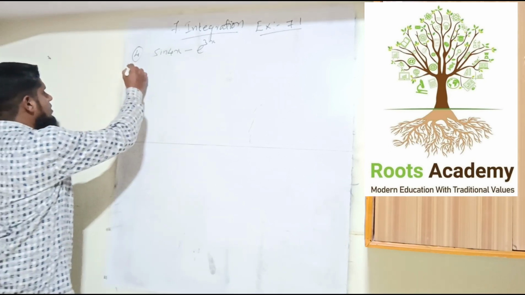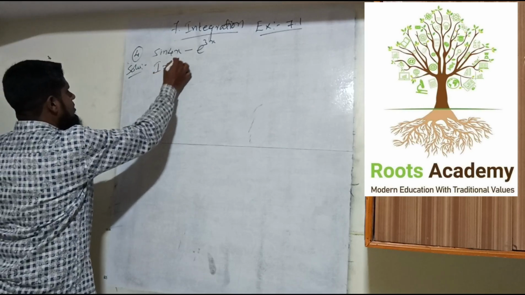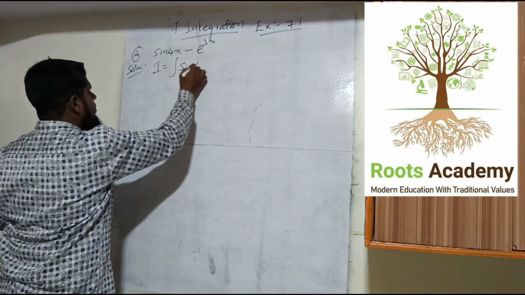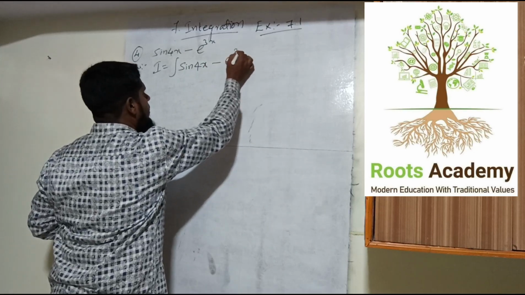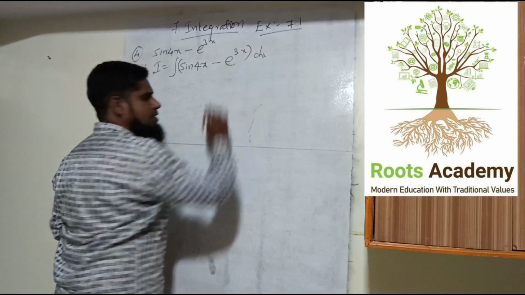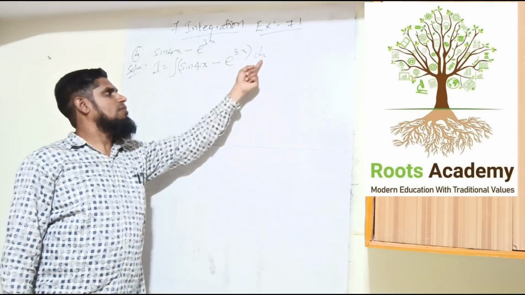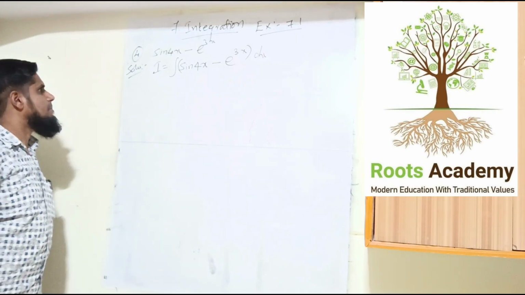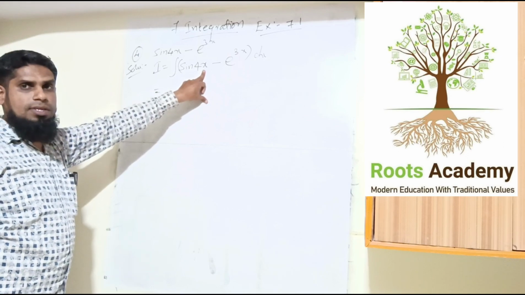So this can be written as integration of (sin 4x minus e power 3x) in bracket, dx. If you want, we can write separately, or we can merge like this, and write dx once. First, integration of sin 4x.